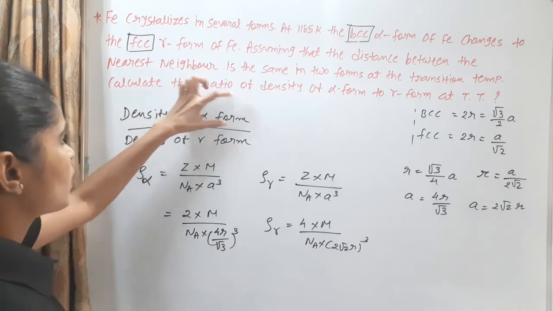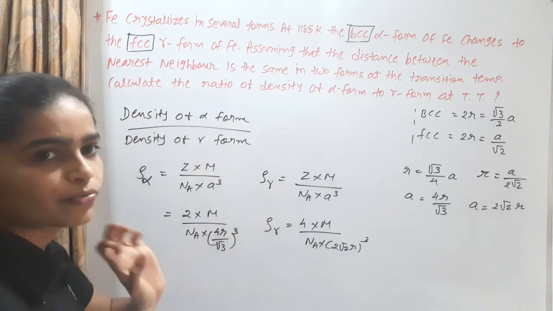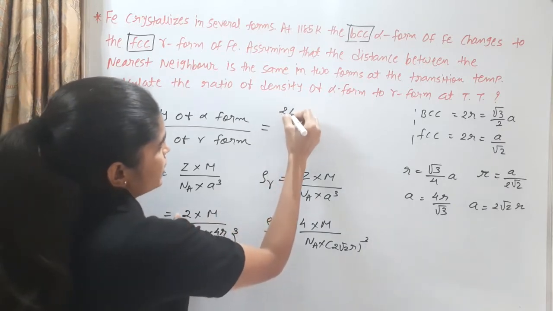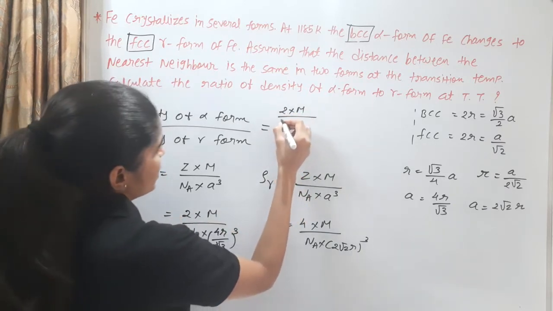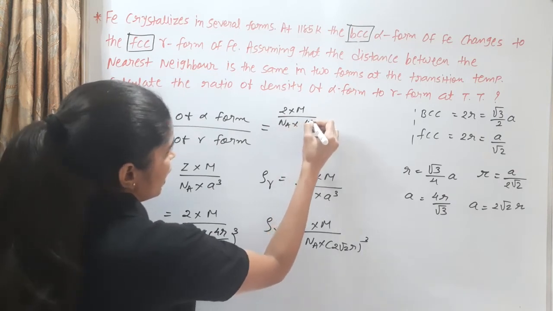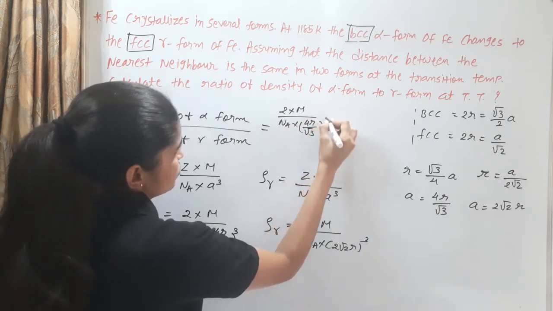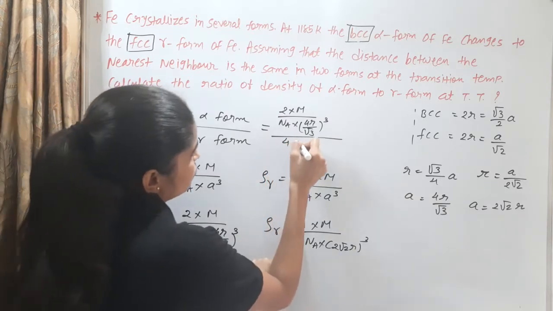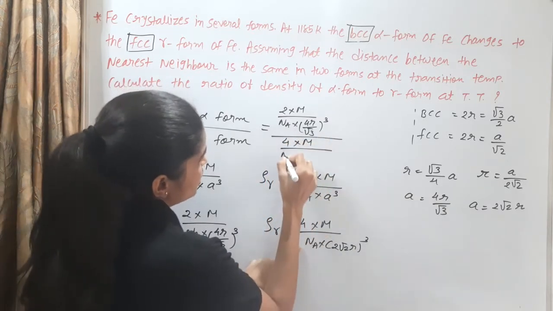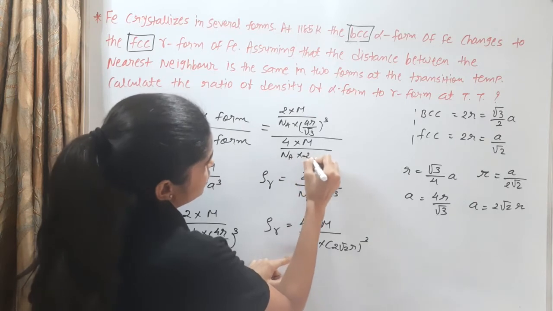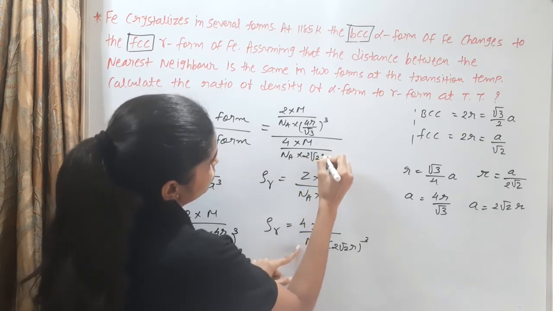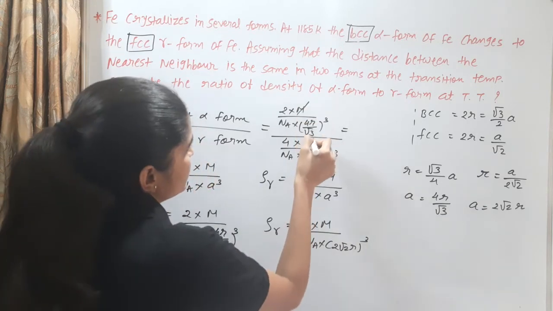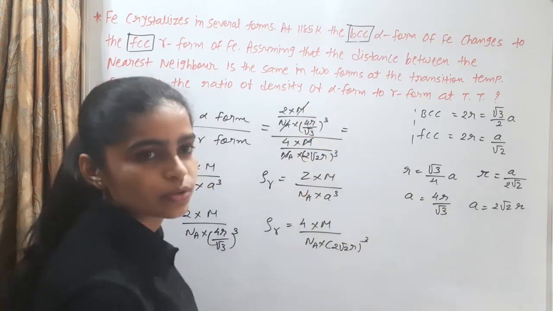The ratio of density of alpha form to density of gamma form is 2 times M upon Na times 4R by under root 3 cubed, divided by 4 times M upon Na times 2 under root 2 R cubed. Na cancels out.